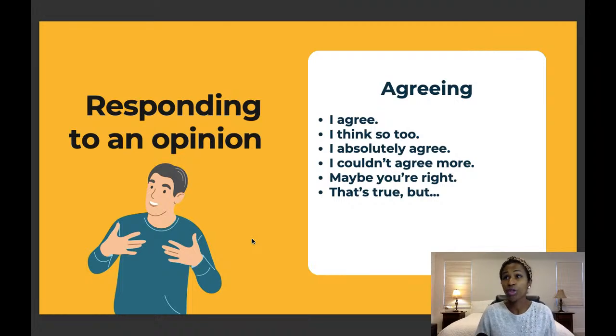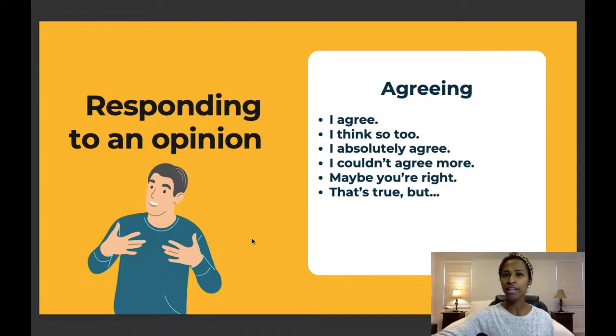Yeah, but we don't have the money right now. You see? Oh yeah, that's true, the kids need to have their own bathrooms, but we don't have the money to buy a house right now. So this is agreeing with the person. You're responding to an opinion.